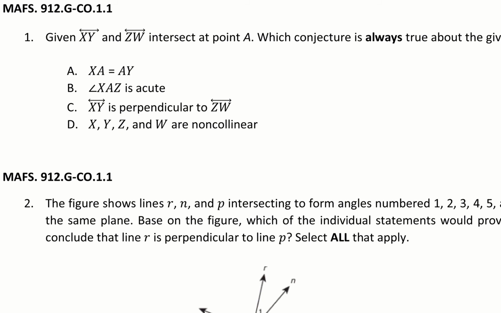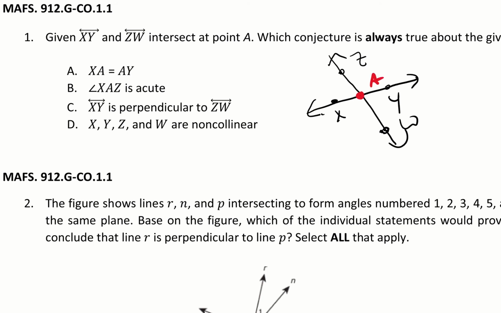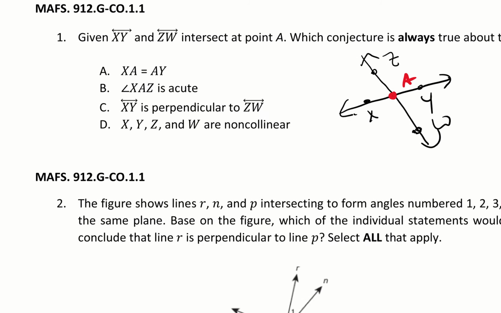So if we look at XY and ZW, if we were to draw a random line XY and a random line ZW, let's evaluate to see if this is true. Okay, so let's say this is point A in this example. And so they cross at point A, which is true.